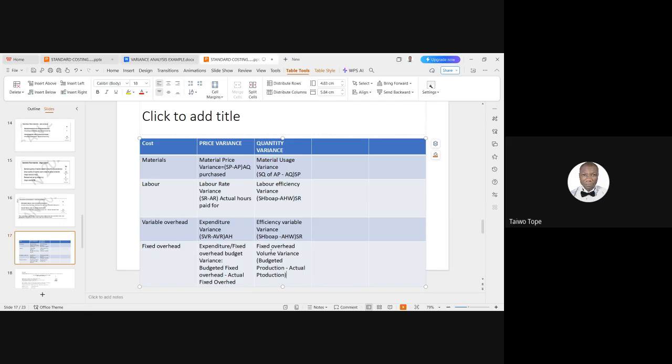All these will be weighted by what? The fixed overhead absorption rate. You can write it in full, please: fixed overhead absorption rate, FOAR. The elements of this will be given in the question. You'll see all these in the question.